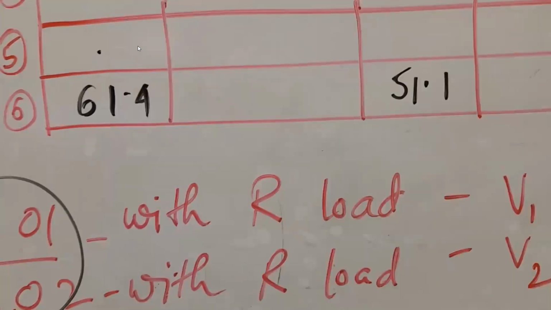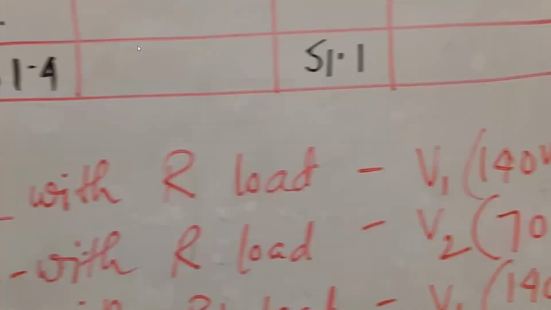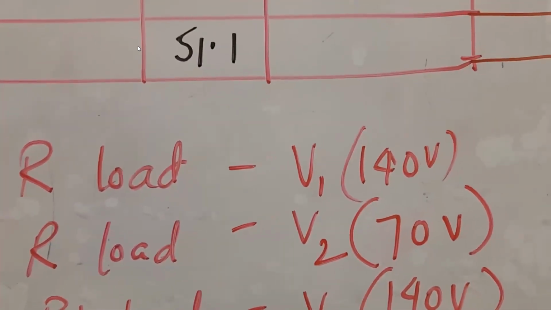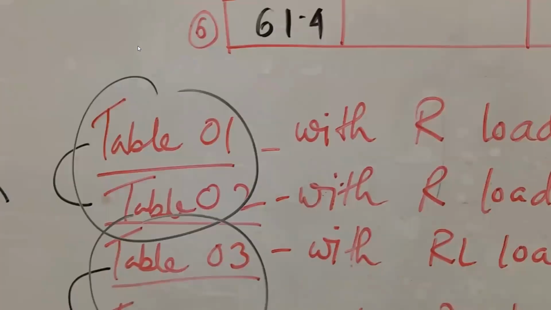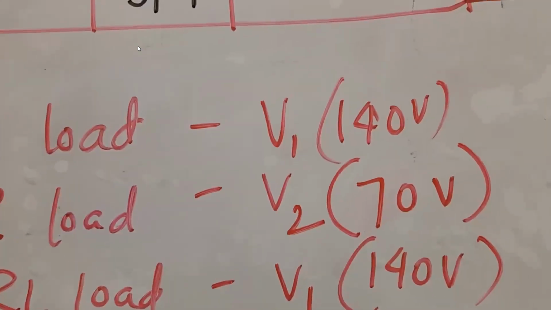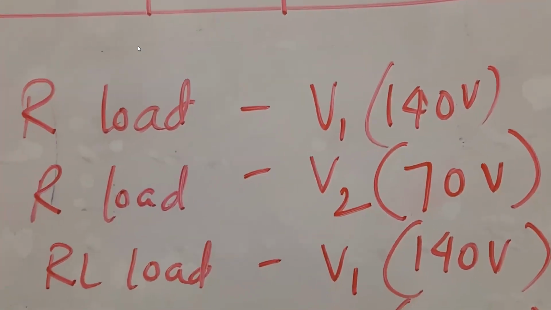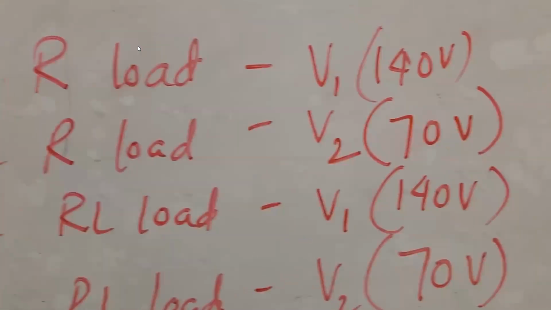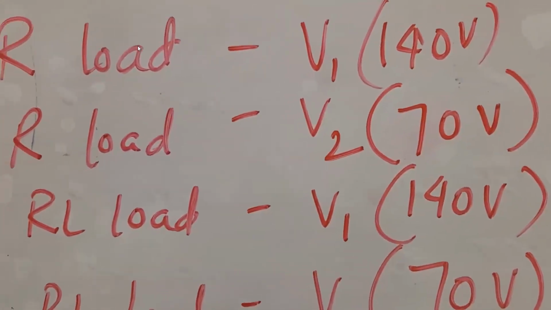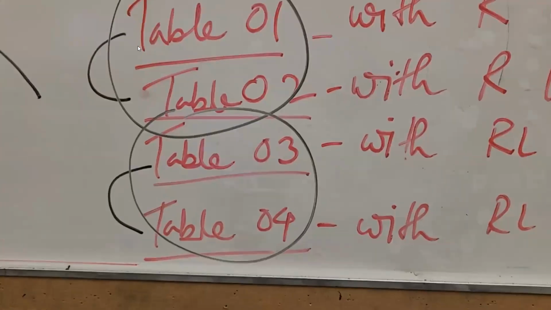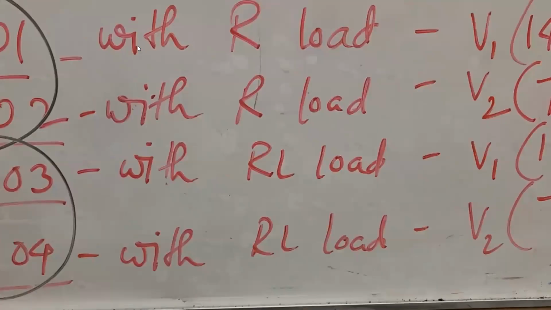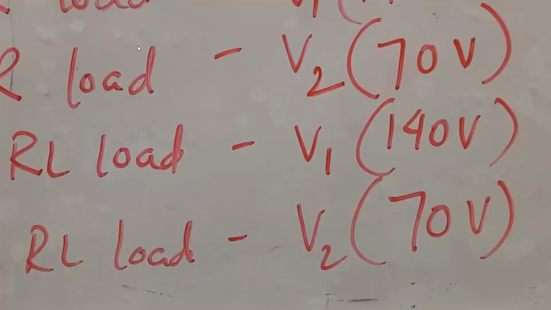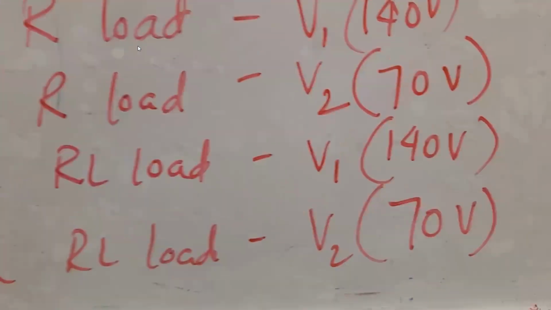Table 1 will be for R load, when we supplied to the primary section, and table 2 will be for 70 volts when we supplied to the secondary side, and table 3 will be for R load when we supply to the primary side, and finally table 4 will be for RL load, when we supplied to the secondary.